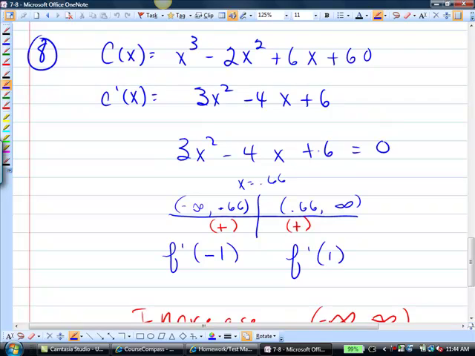Who's going to do that for me? Yeah. 3x squared minus 4x plus 6. Put that in y1 and put y equals 0 in y2. We're just verifying that we can get 0.66 that way. What do you want in y2? 0.